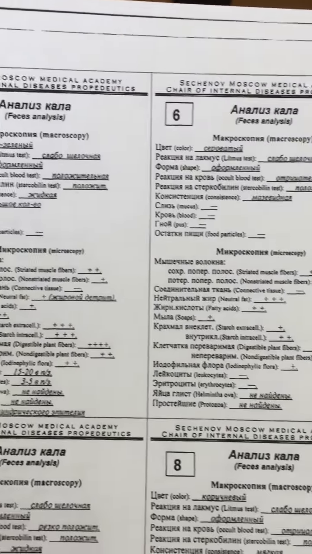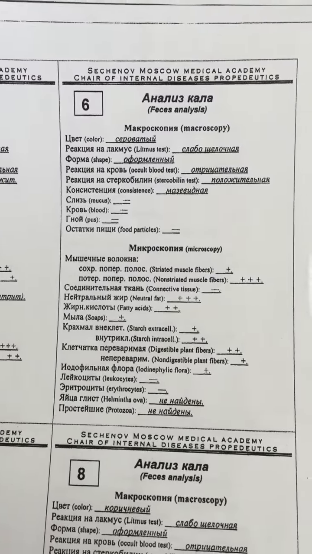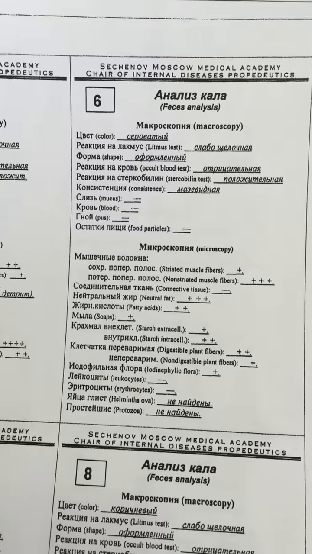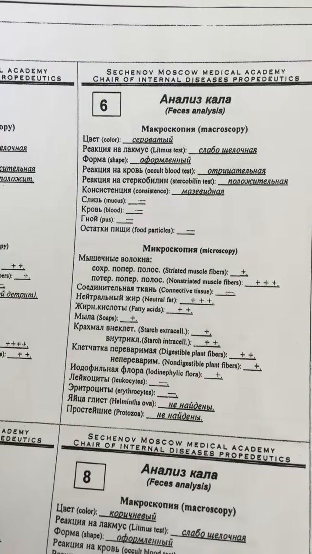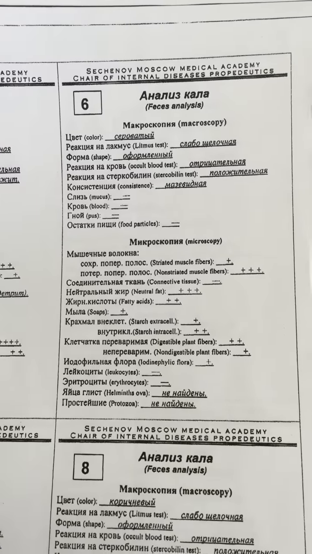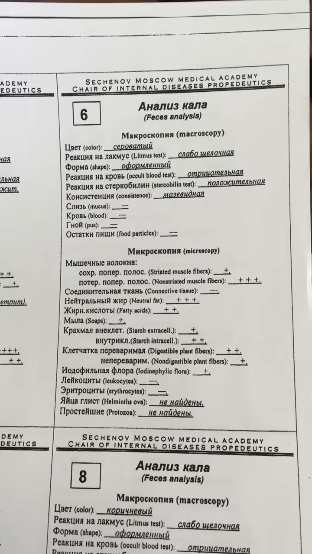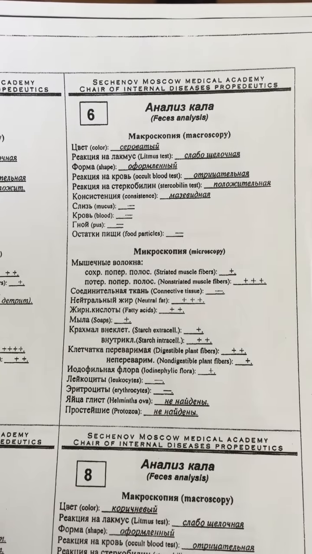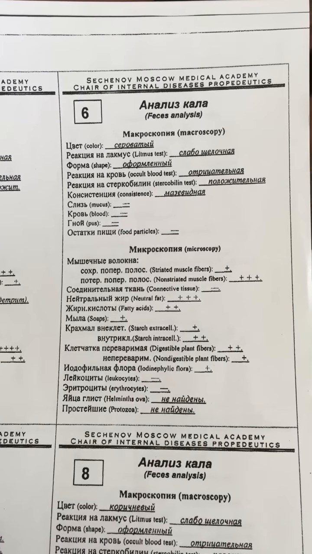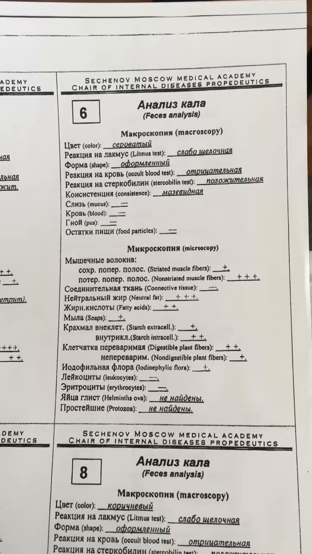Number 6, a little bit gray, the color. Slightly alkaline is the litmus test, the normal shape, the negative occult blood test, the positive stercobilin test, also a pasty consistence. So what we have on microscopy.